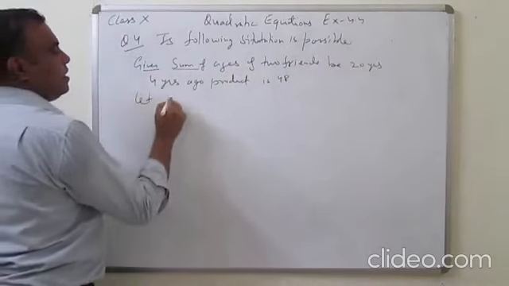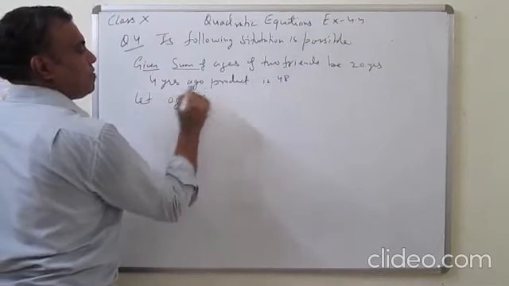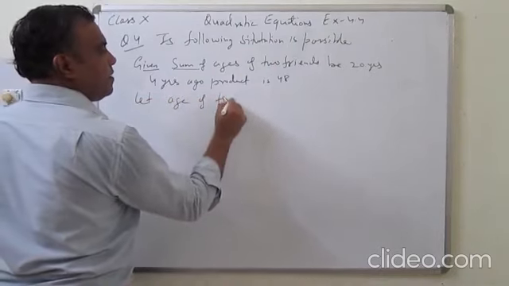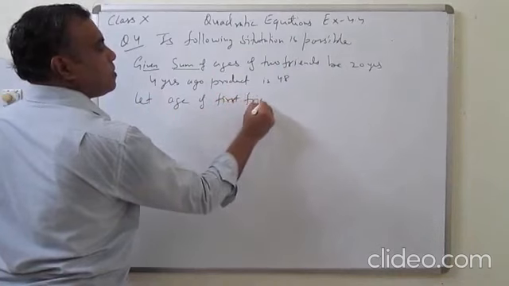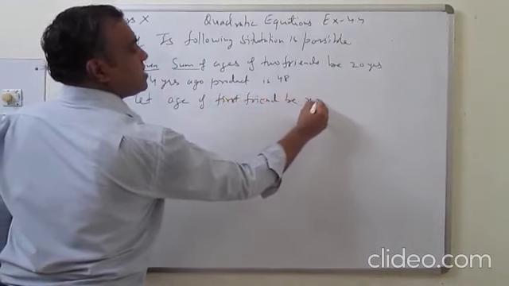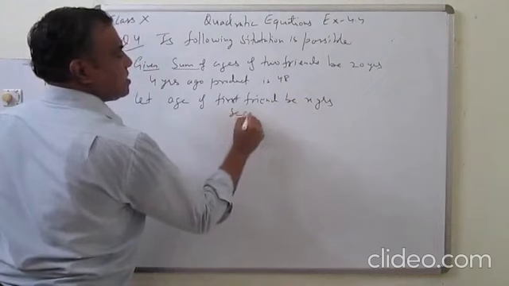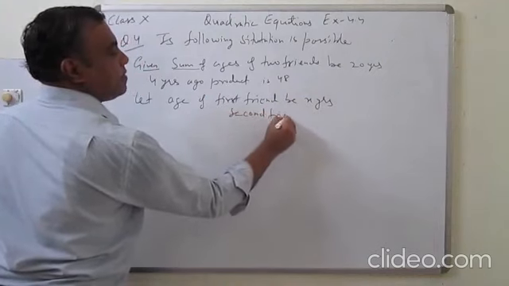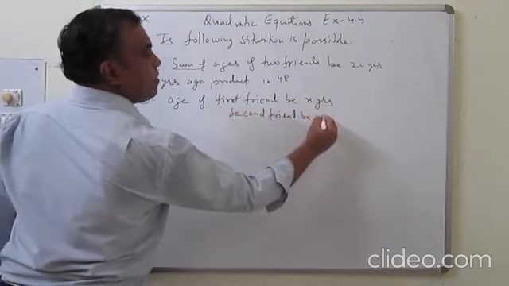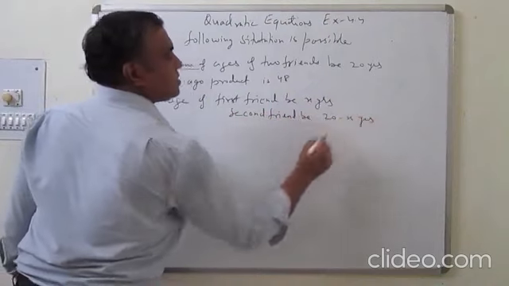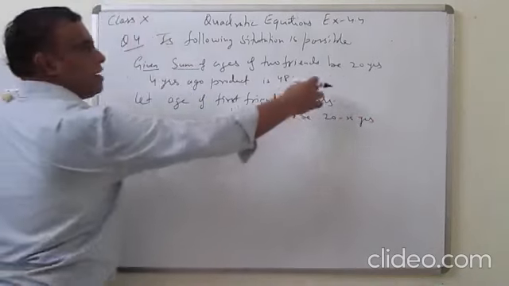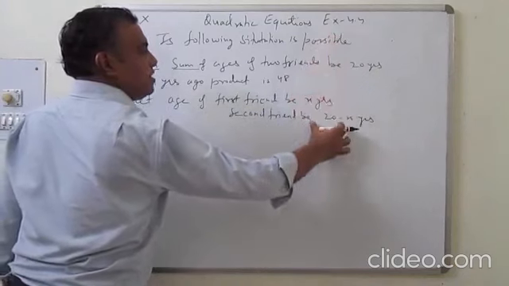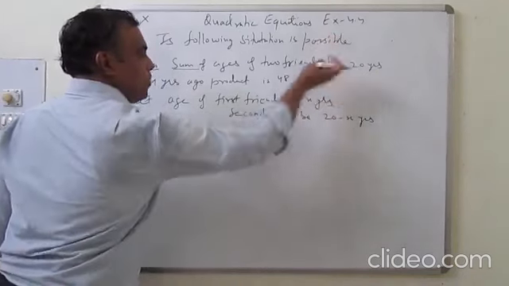Let the age of the first friend be x years, and the second friend be 20 minus x years, because the sum is 20.